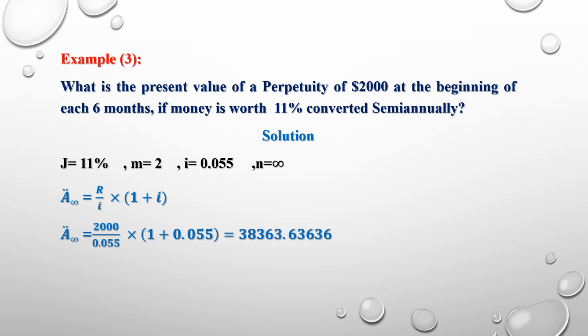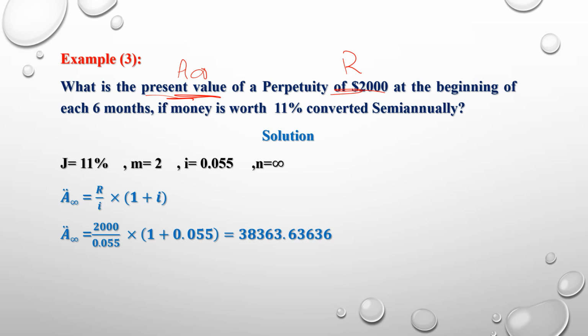What is the present value of a perpetuity of $2,000 at the beginning of each 6 months if money is worth 12% converted semi-annually? In this example, he's asking about the present value, which is A infinity, for a perpetuity value of $2,000.